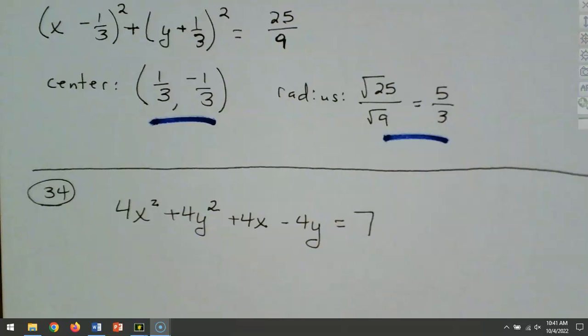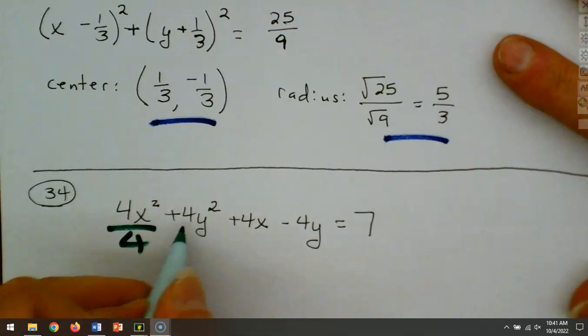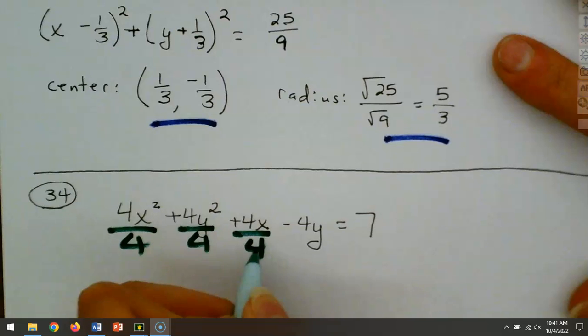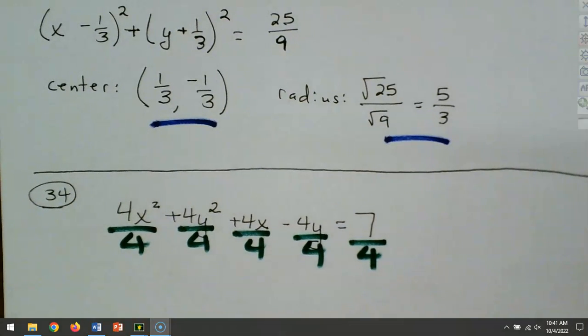Now, what do you notice in front of the x squared and the y squared? Okay, both of these have the same number, and that's a 4. So what are we going to have to do? We're going to have to divide everything by what? 4. We have no choice but to do that. So we're going to divide everything by a 4 there.